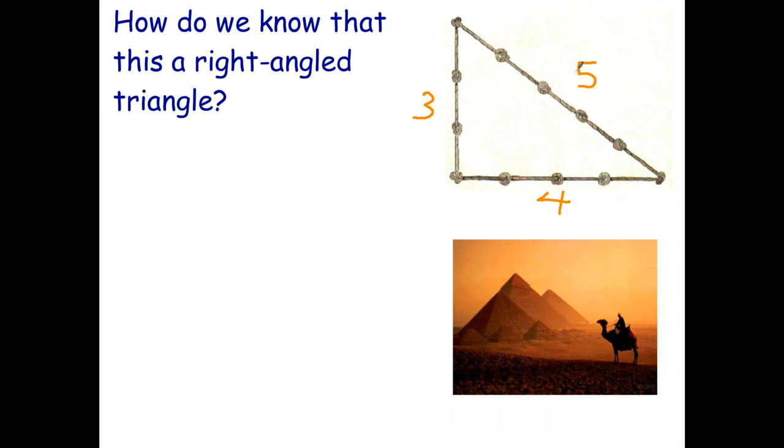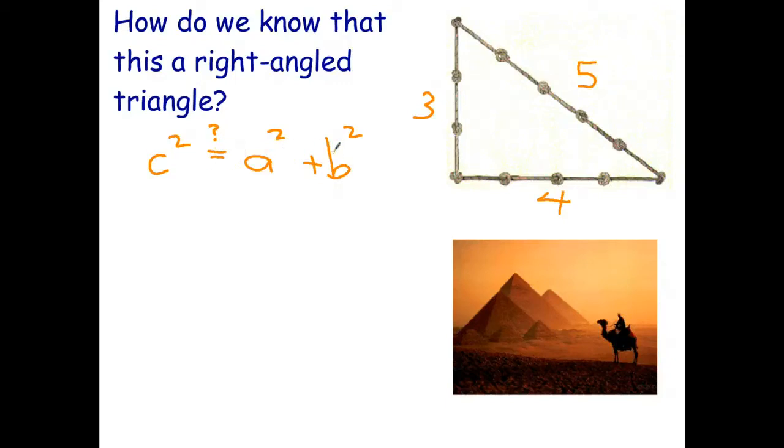So what I'm going to do is write the Pythagorean theorem, C squared equals A squared plus B squared, but I'm going to put a question mark above that equal sign, because at the moment I don't know if it actually is a right angled triangle, and therefore I don't know if this relationship actually holds.